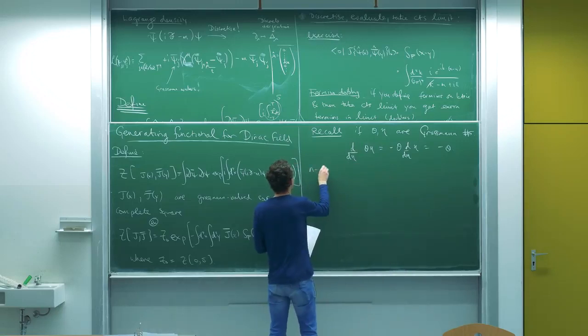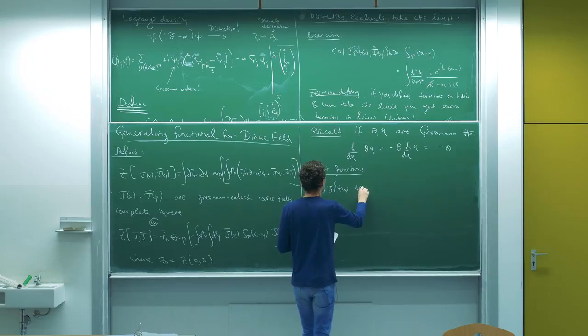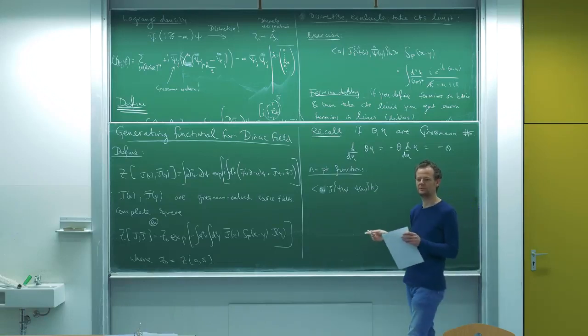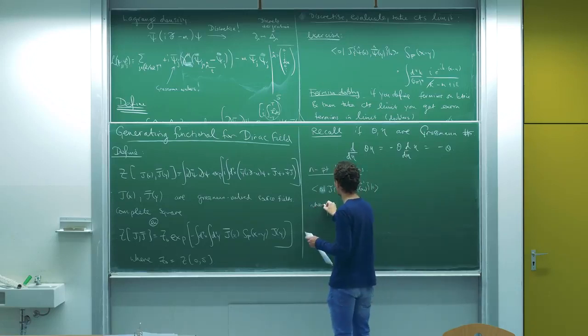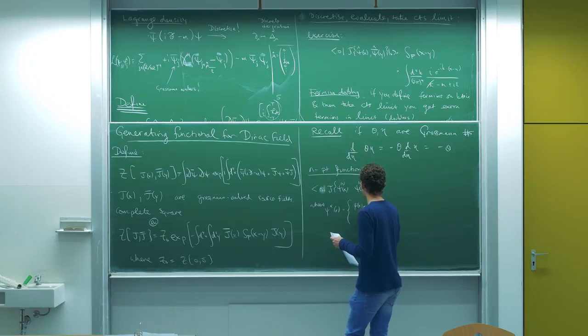So endpoint functions. Now, there's no good notation for daggers or psi bars, so I'll just use alpha, where psi alpha of x is psi of x, or psi bar of x if alpha equals 0, alpha equals 1.